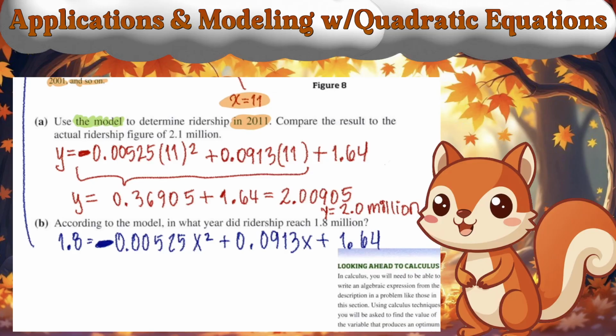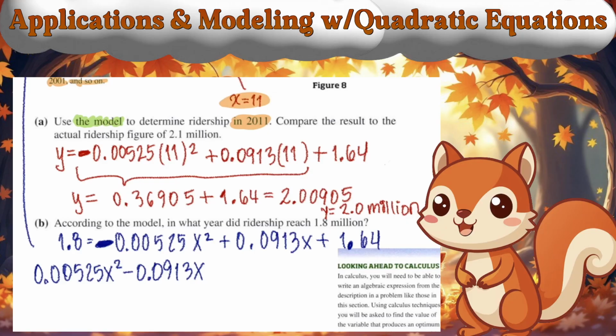Now, again, for the millionth time, to solve any polynomial equation, we want to get it equal to 0. Even if I can't factor, even if I'm going to use the quadratic formula, you want to get it equal to 0 first. So I'm going to bring everything to the left side. So I will get 0.00525 x squared, that became positive, minus 0.0913x.